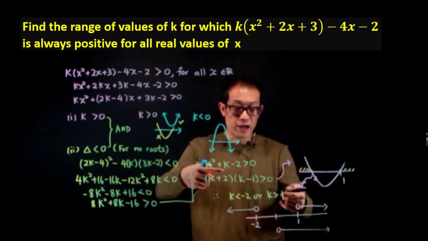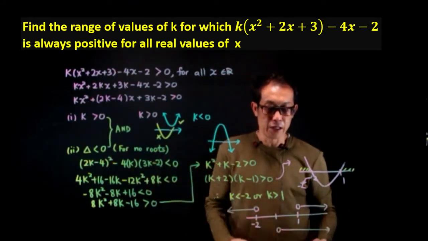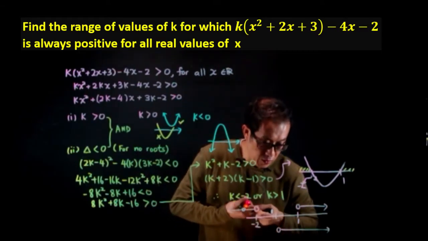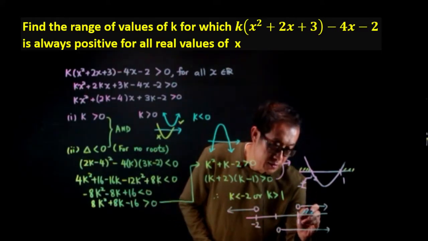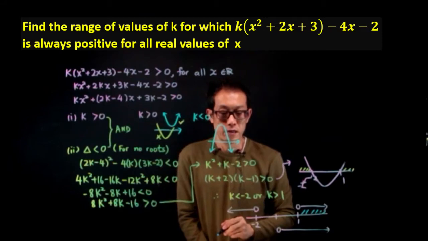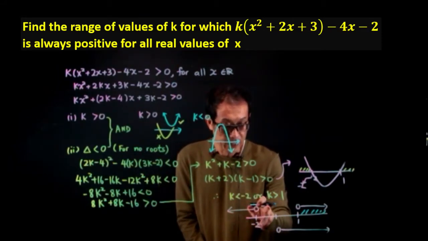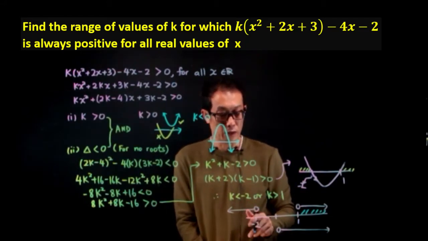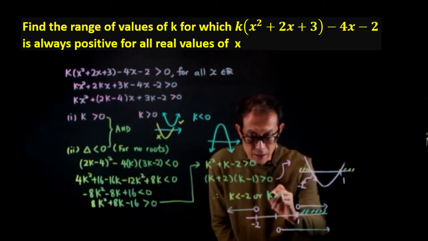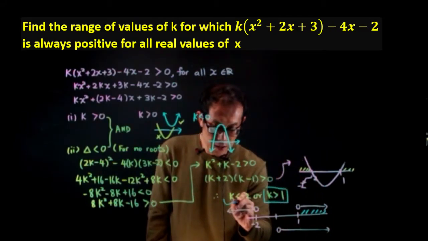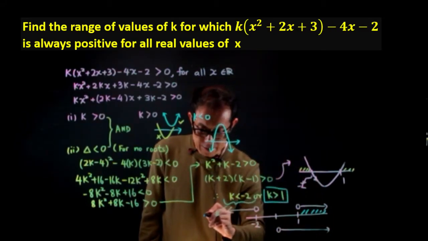You must satisfy the top condition and the bottom condition. So this is the values that you want. So your final answer is just k. No, sorry, your final answer is k must be greater than 1. So this is your answer. This one we reject.